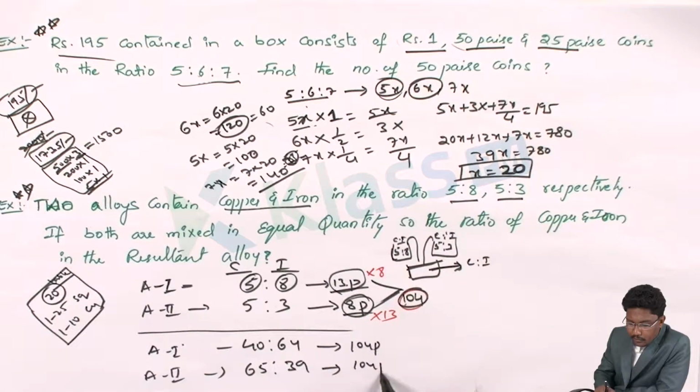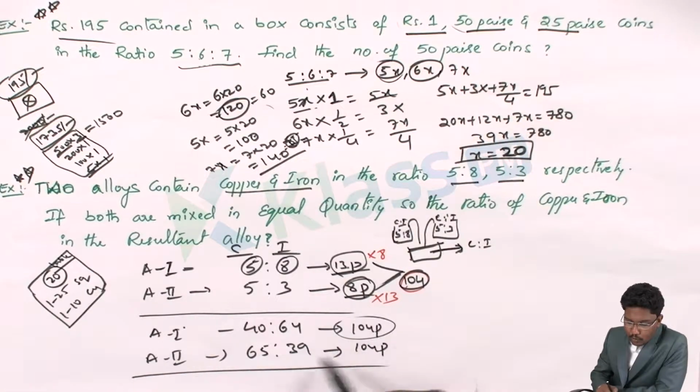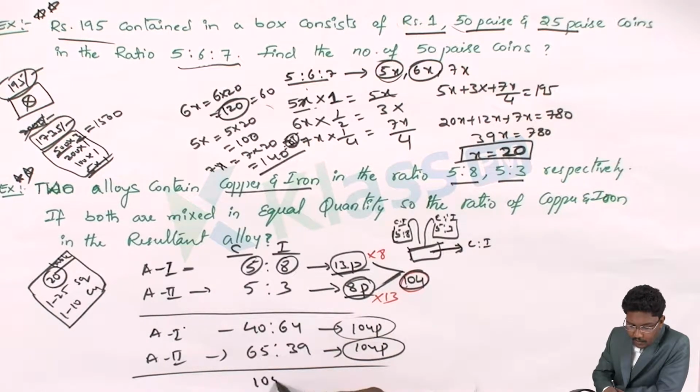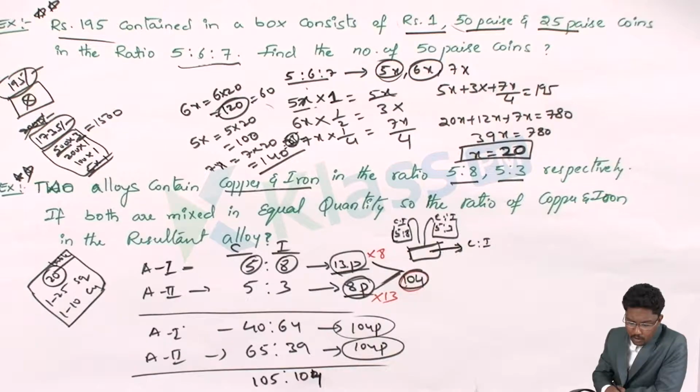This is also 104. I am mixing these two in equal quantities, 104 quantities each. What is the resultant? 40 plus 65 is 105, and 64 plus 39 is 103. So 105 is to 103.